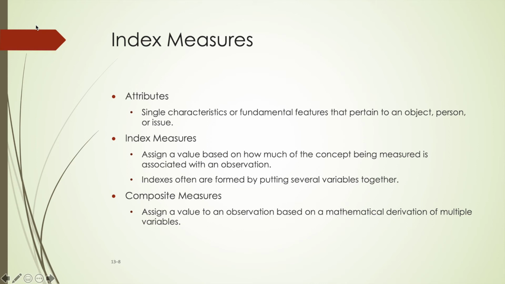Now, a composite measure is pretty much the same thing, but it's a little bit more involved and a little bit more complex than just a simple index measure. For instance, a composite measure may ask, as they say in the textbook, a salesperson about his or her satisfaction, and then they would measure that satisfaction with questions.